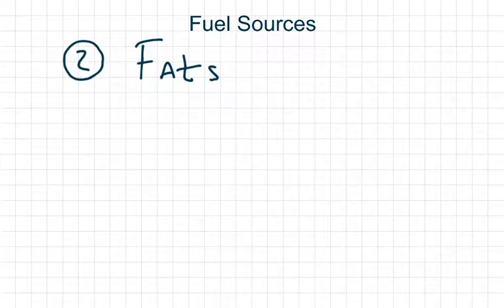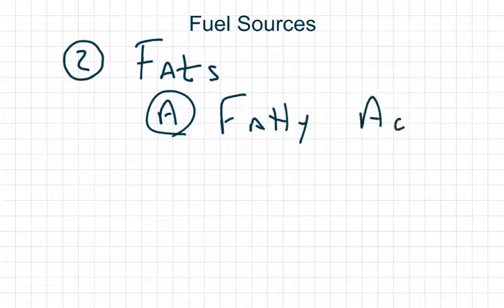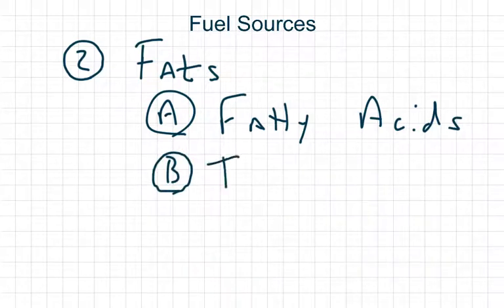Now moving on to our second type of fuel source, which is called fats. And these are a great fuel source because they contain more glucose molecules than carbohydrates. And so we have a couple of different classifications of fats. The first being what we call fatty acids. And fatty acids are the base building block of fats. Second is one that we've all heard before, which are triglycerides.